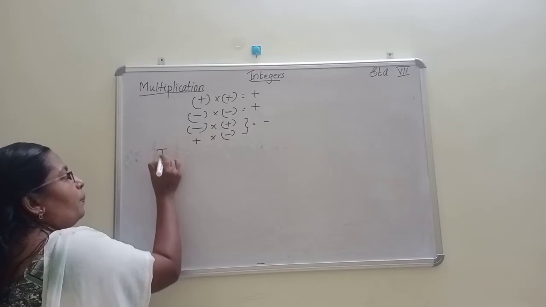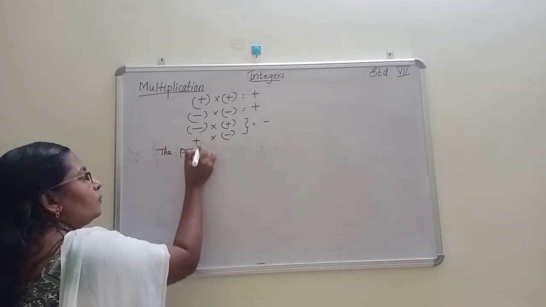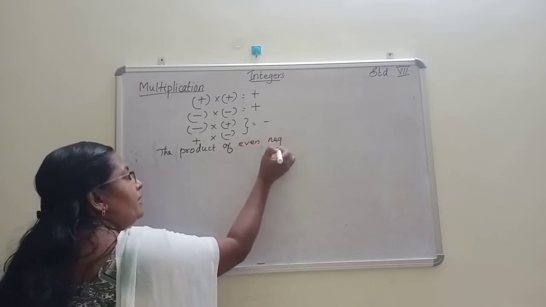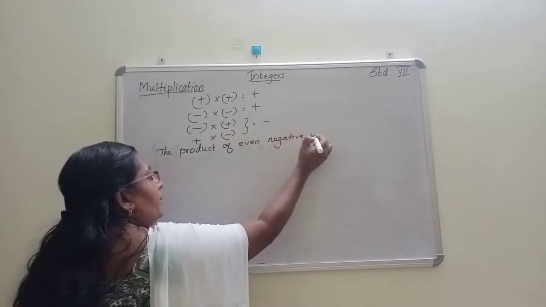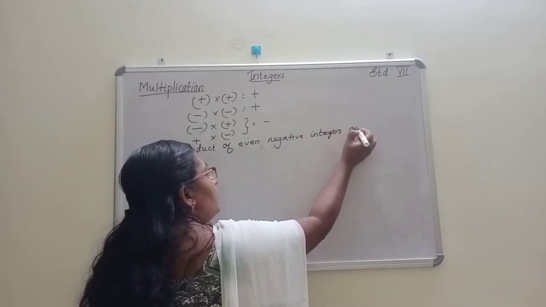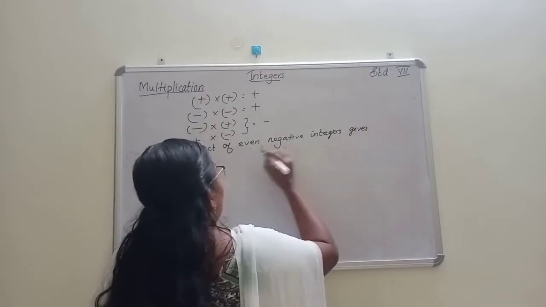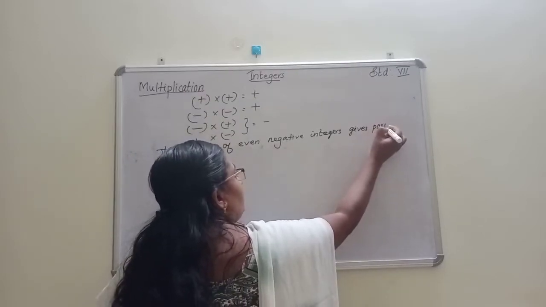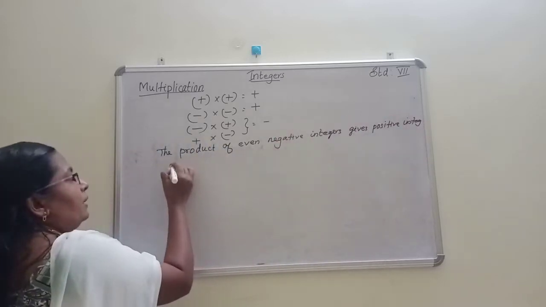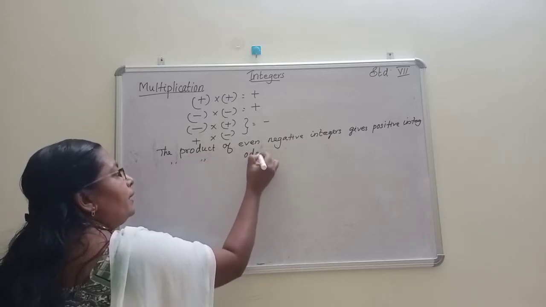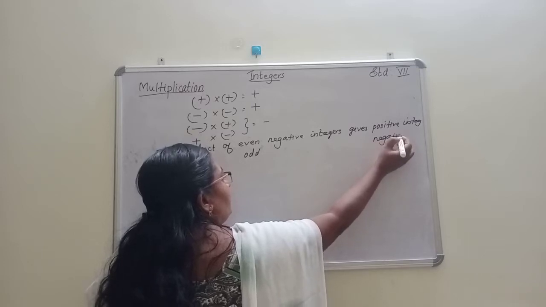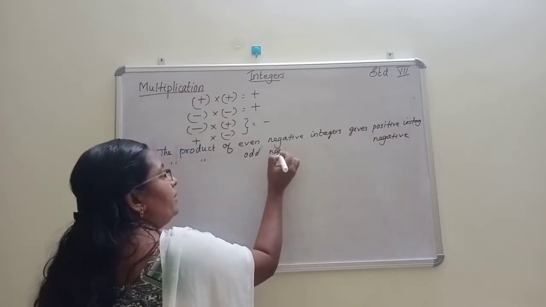That is, the product of an even number of negative integers gives a positive integer, and the product of an odd number of negative integers gives a negative integer.